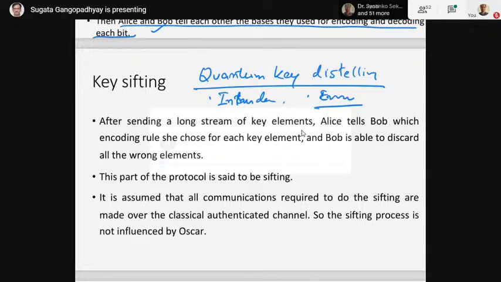There are companies that sell quantum key distribution machines, and there is a need for having a good idea about quantum key distillation and all that. So I'll stop my lecture here, and I welcome questions from your side.